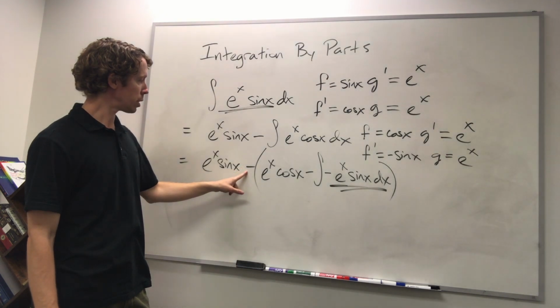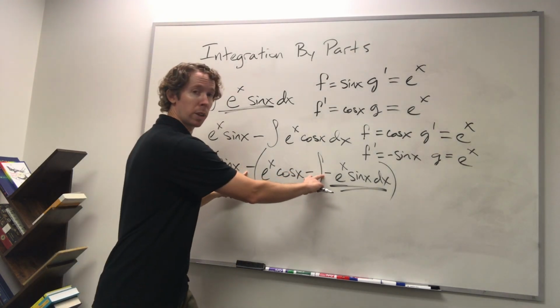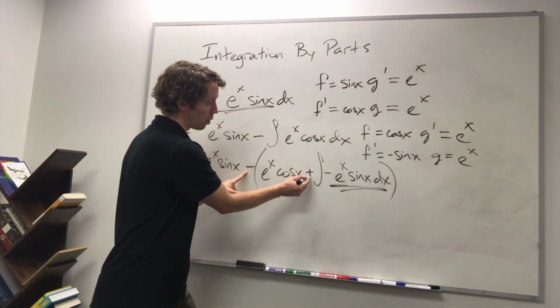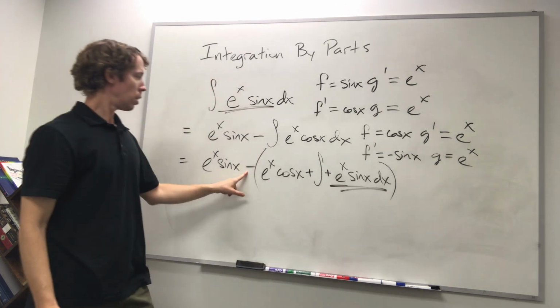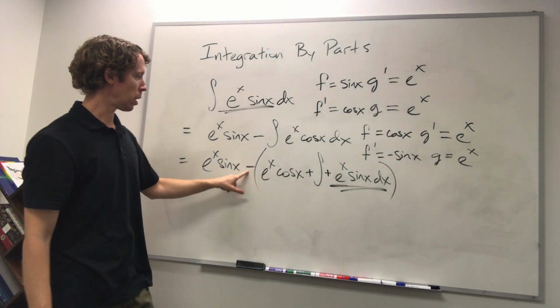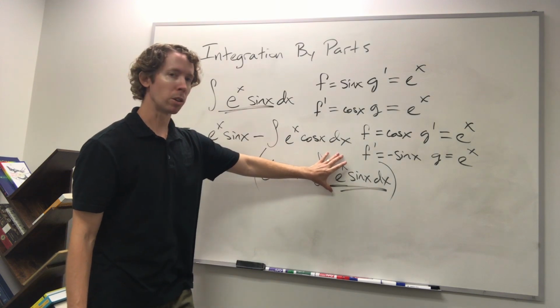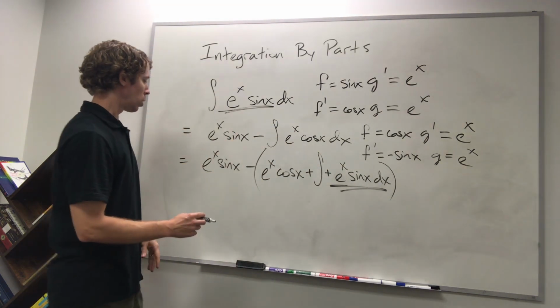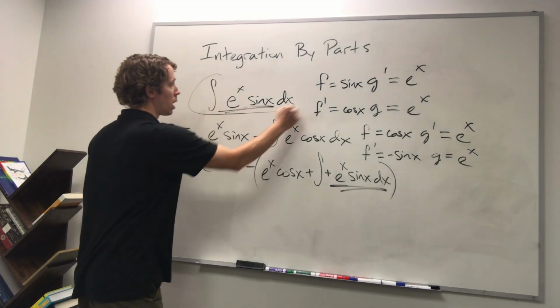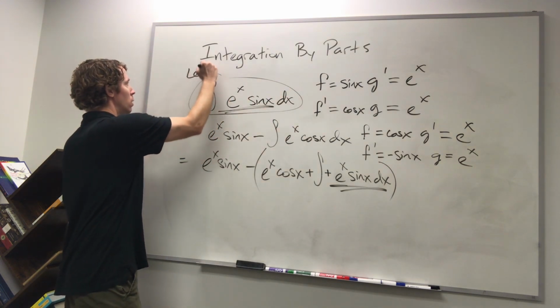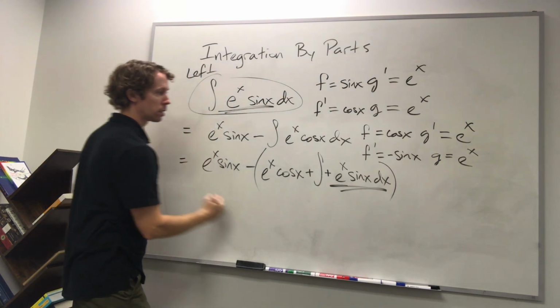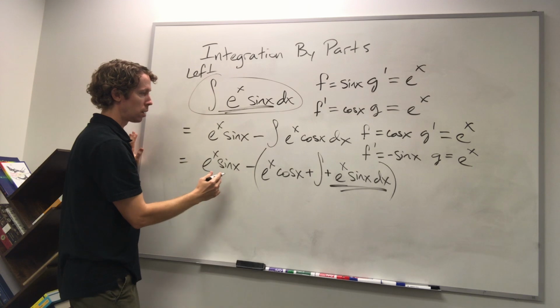So when you distribute this negative, these two negatives are already canceling each other out. So I have a minus this term and a minus this term. I'm going to add this term to both sides of my equation. So in my equation, this is the left-hand side, and this is the right-hand side.